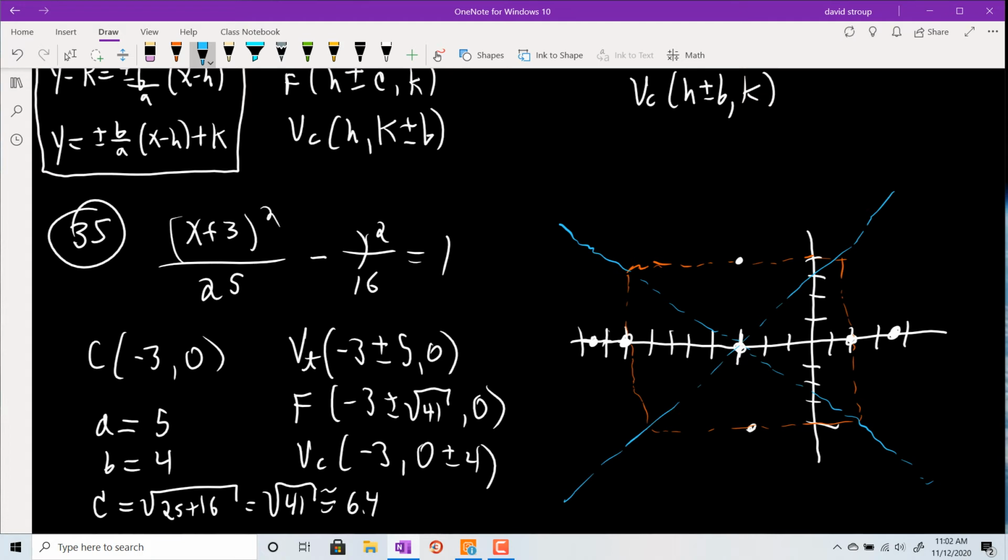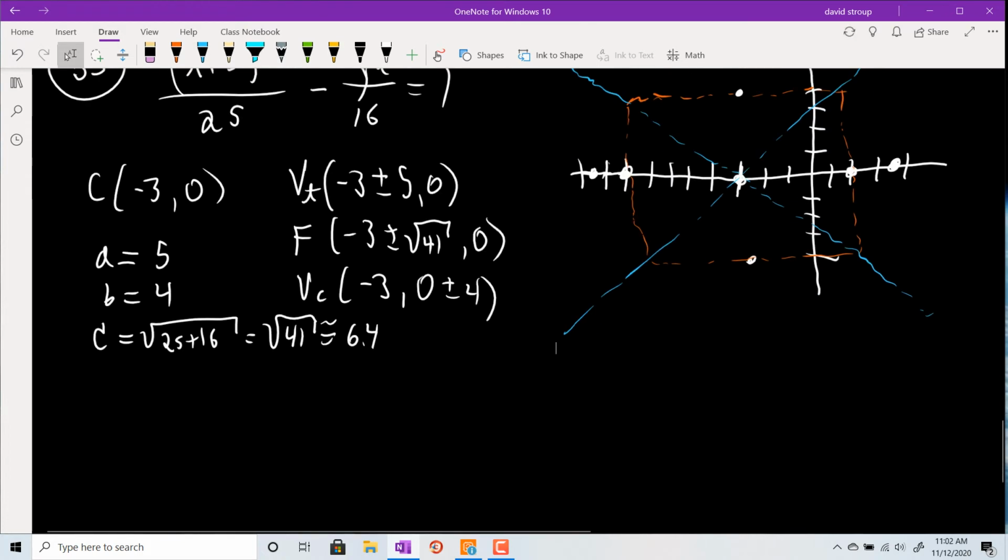And then I guess you get your formulas for your asymptotes. You want them right now. So in this orientation, you're going up by B and over by A. So Y will be plus or minus B all over A times X minus the x coordinate for the center, which is negative 3, so that would be x plus 3, and then plus 0.